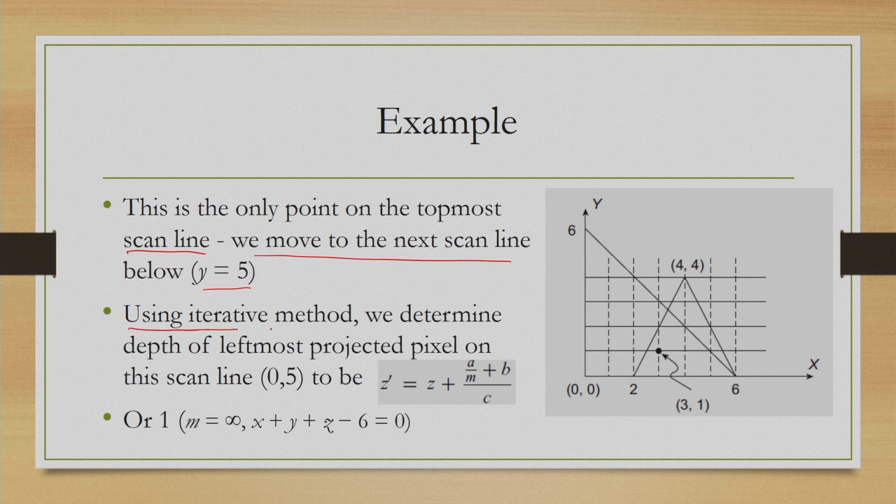And in this way, using the iterative method, we determine the depth of the leftmost projected pixel on this scan line, using this expression, to be 1, because here m is very high, infinity, and the surface equation is this.